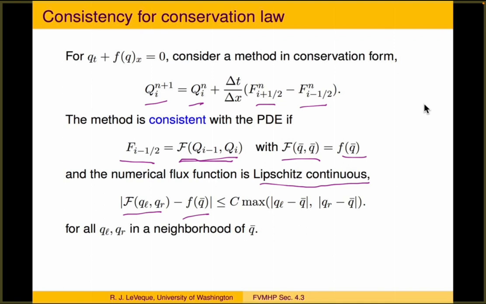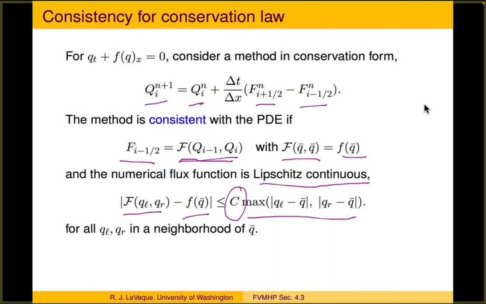But to be Lipschitz continuous, it has to go to 0 at a rate that's bounded by some fixed constant C times the difference between the left and right states and this value Q bar.